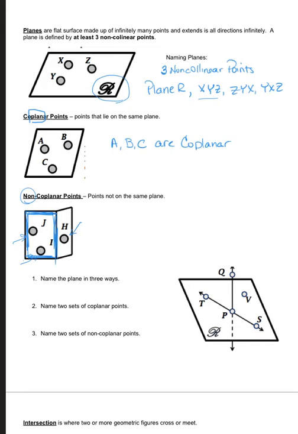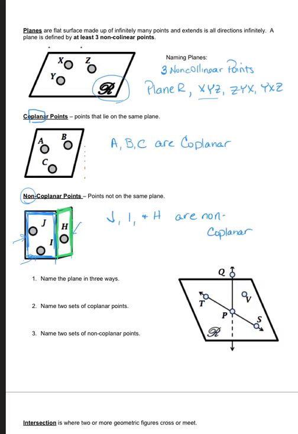And then the wall with the H would be another wall. So there's a corner of the room and those are 2 walls coming together. So H is not on the same plane as J and I. So J, I, and H are non-coplanar, not on the same plane.